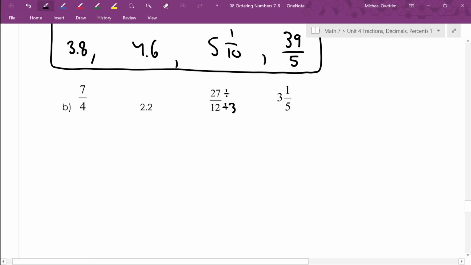I'm going to divide it by 3 to simplify it. So now that can be made into a fraction out of 100 as well. And we've got 3 1/5, which can be made into a fraction out of 10. So I'm going to go ahead and multiply by 2 to get 3 2/10 there.